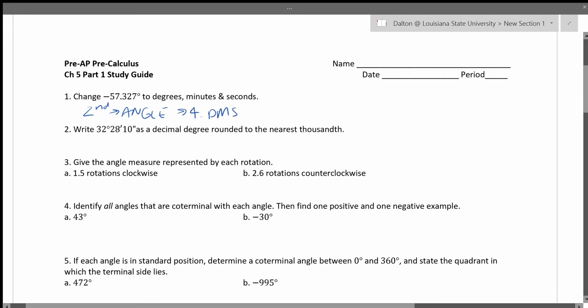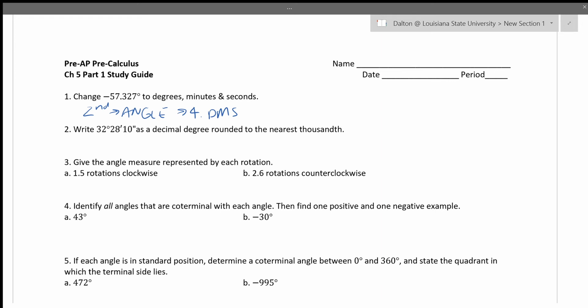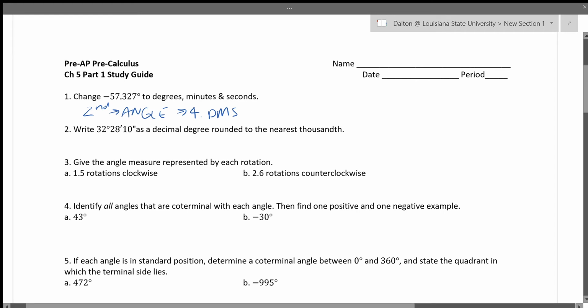Okay, so if you type that in your calculator and then you follow these key presses here, changing it to degrees, minutes, and seconds, you should get about negative 57 degrees, 19 minutes, and 37.2 seconds.